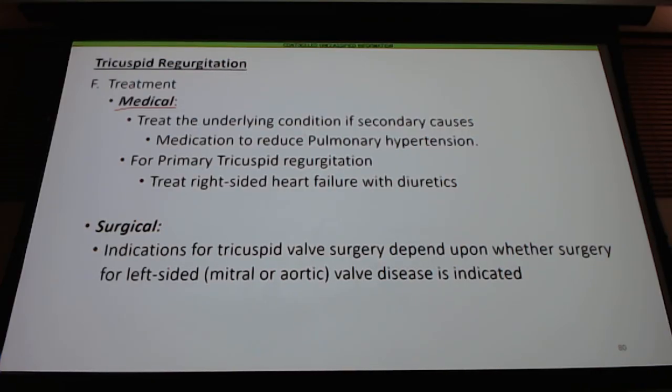But if it's a primary thing, then we're going to have to treat the symptoms associated with it, so the diuretics to treat the heart failure. From a surgical standpoint, we'll typically go in and do a valve replacement or a repair, depending on what the cause is, but it's going to be an open heart procedure in order to fix that.